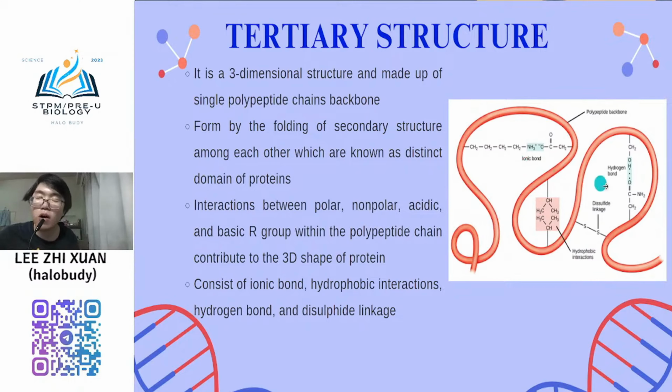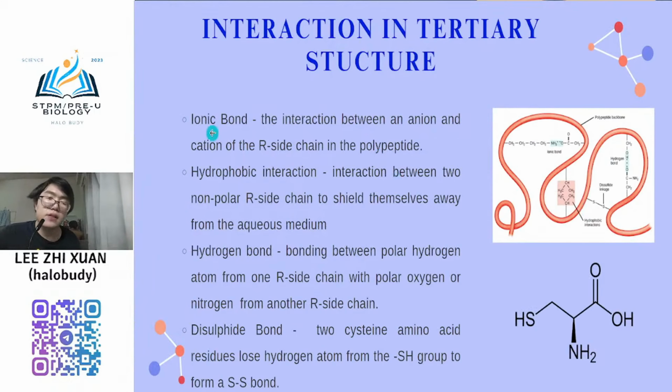You can see all of them are the side chain. Where the side chain of the amino acid is either positive or negative to each other, they can form an ionic bond. So you see the interaction between an anion and a cation of the R side chains in the polypeptide. Hydrophobic is when there are two nonpolar groups that come together.